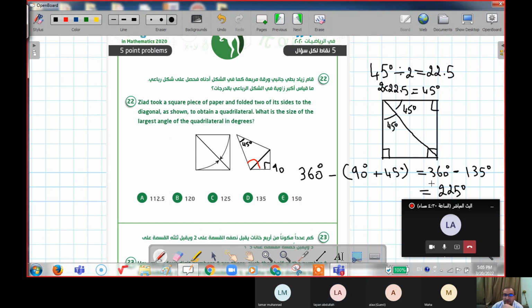This 225 degrees is for both angles. In this figure, the two red angles are equal. So we must have 225 divided by 2. And the answer is what, Layan? 112.5. Excellent.